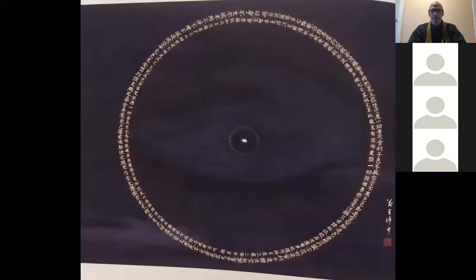So the first piece of art that I want to share here, you can see a circle. And around the circle, these are Chinese characters. And it's the Chinese characters that comprise what's called the Heart Sutra.